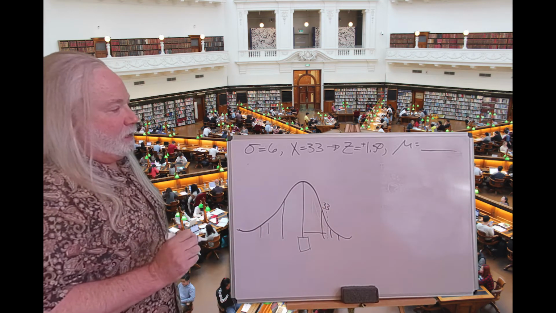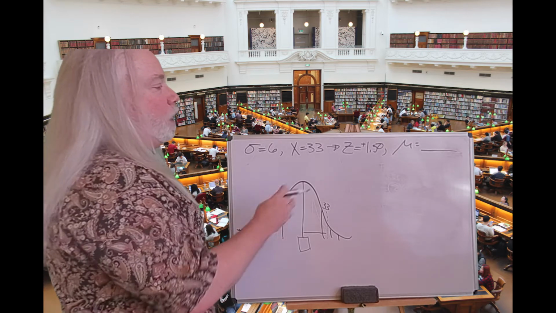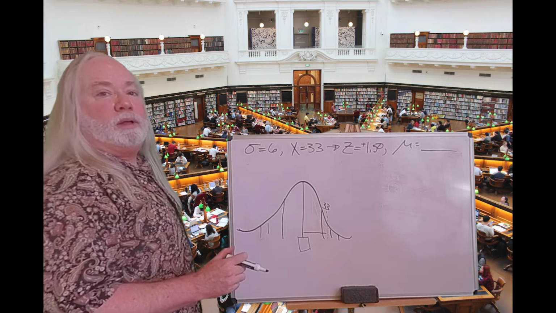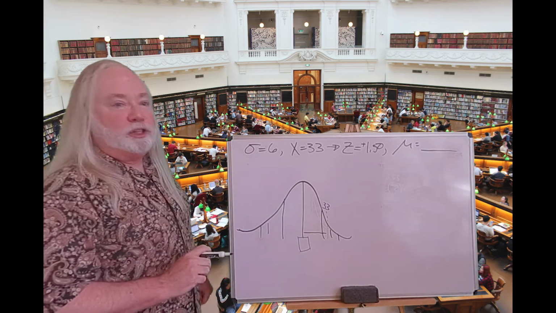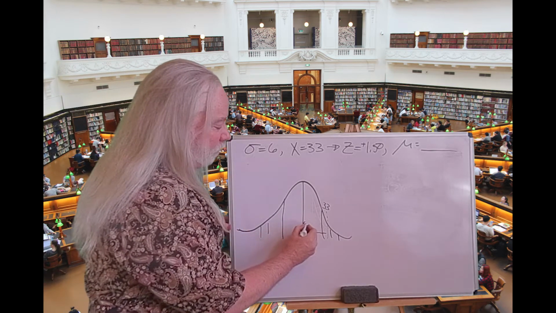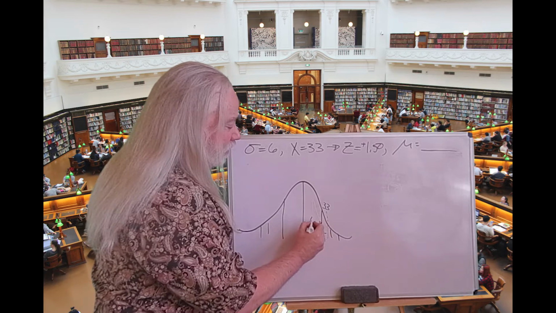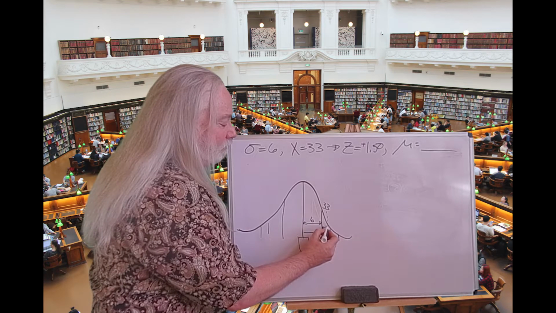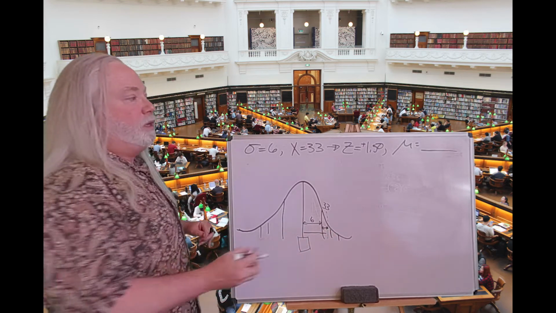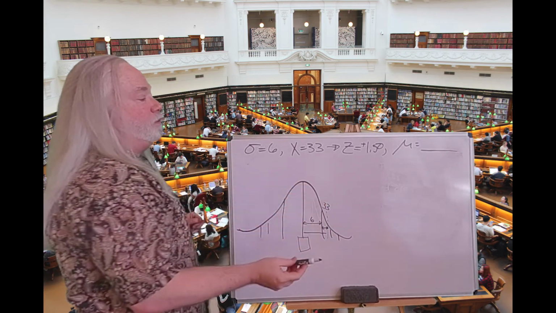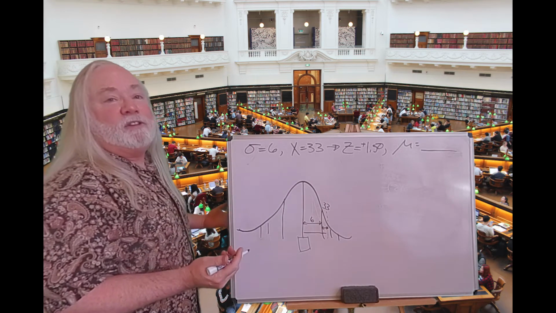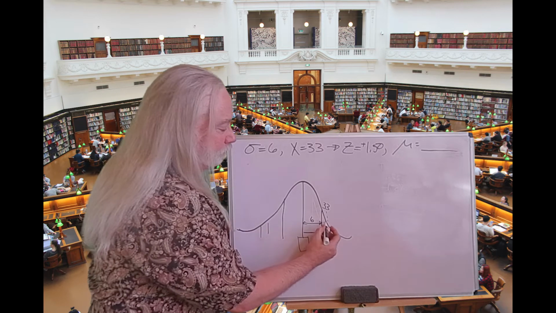So let's think about it. If we have moved 1.5 standard deviations up, one standard deviation is worth 6 points. So moving from here to just there, that's 6 points. And then we move another half of a standard deviation, because it's 1.5 standard deviations above the mean. One standard deviation is 6, so a half of a standard deviation would be 3.